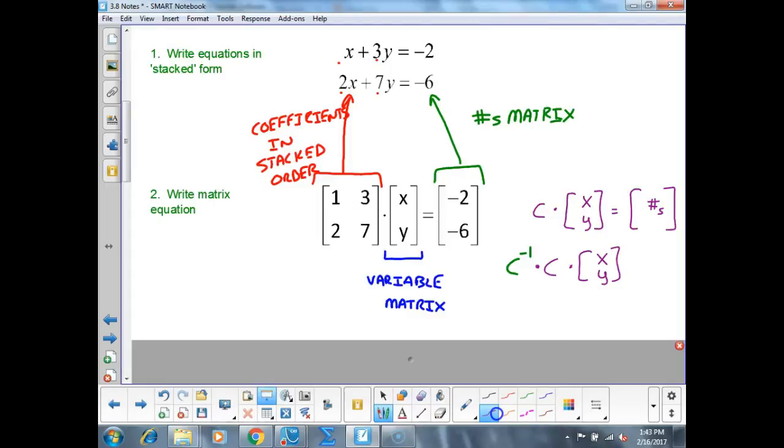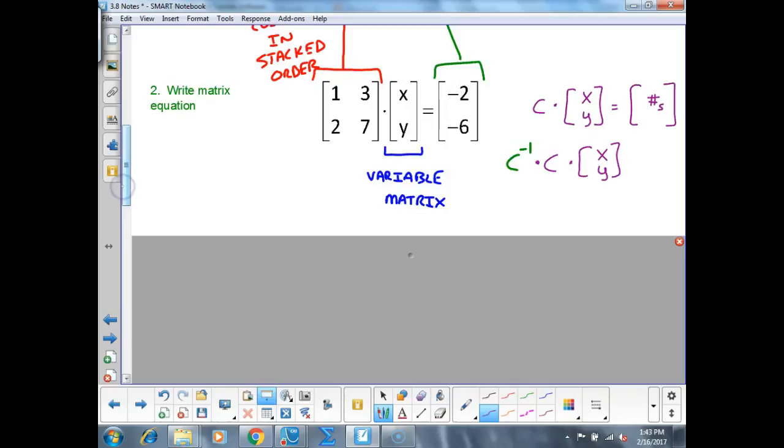What gets left over? Just your variable matrix. Okay? You've effectively divided by C. Now, what's the golden rule of algebra? What I do on one side, I got to do to the other.